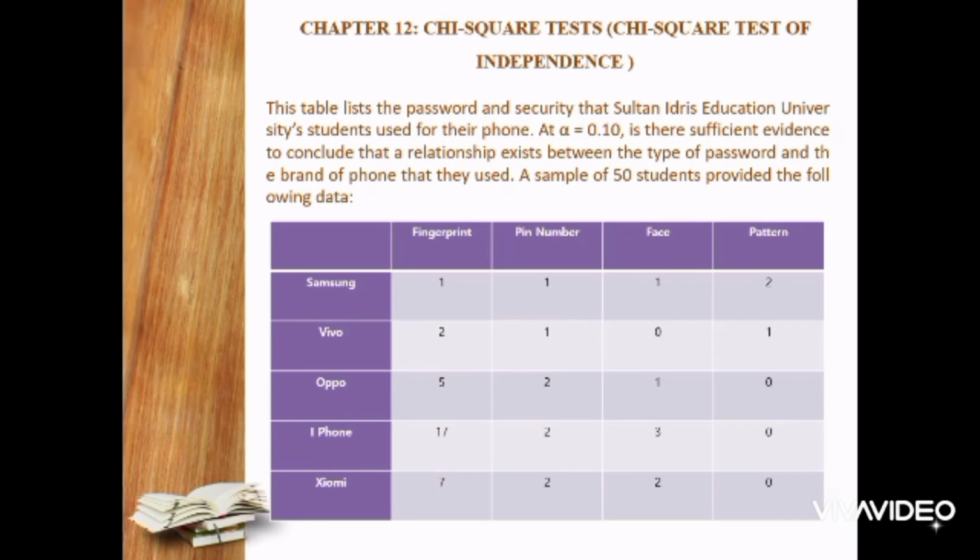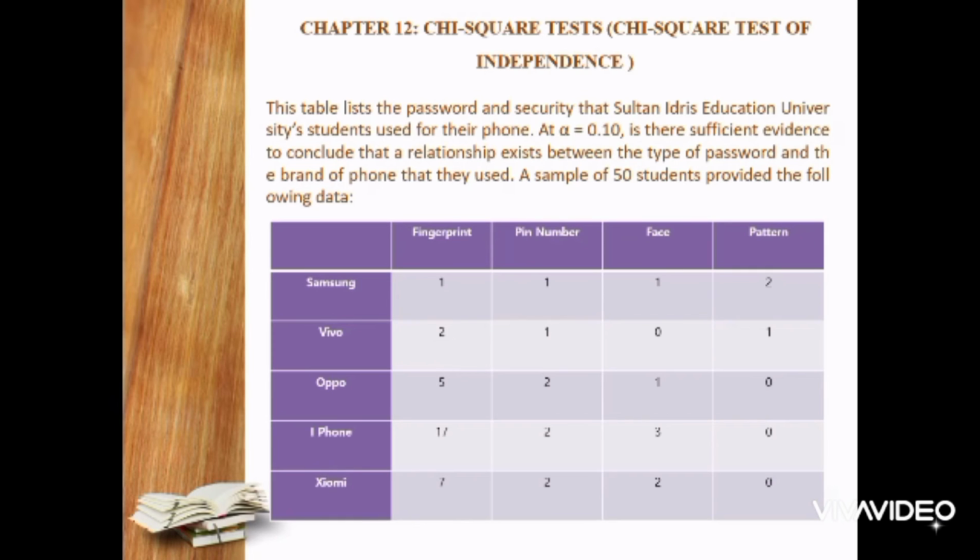At alpha equal to 0.10, is there sufficient evidence to conclude that a relationship exists between the type of password and the brand of phone that they use? A sample of 50 students provided the following data.